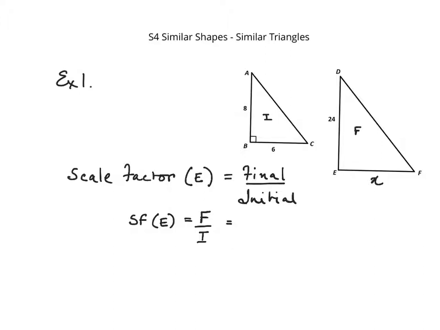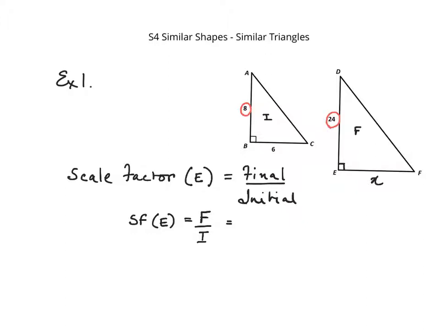Now, we need to make sure that we get the correct sides. I hope you can see that there should really be a right angle in this position here. What I'm going to do is take the largest side that we have in the smaller triangle and the corresponding side in the larger triangle, so that's the 24.